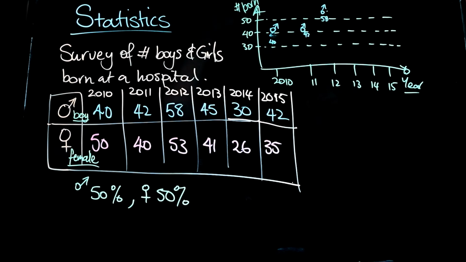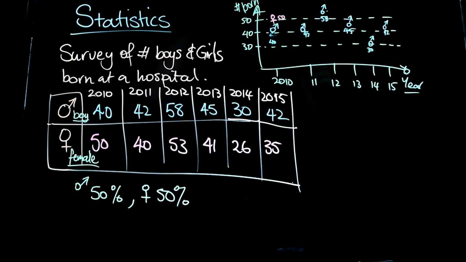And then 2013 we're at 45, somewhere in the middle here. There's my boys. Then in 2014 it was 30, so let's write the number underneath it. And then for 2015 we're at 42.